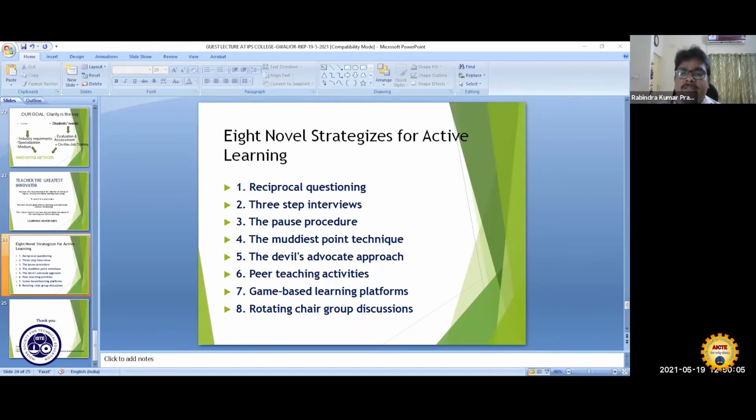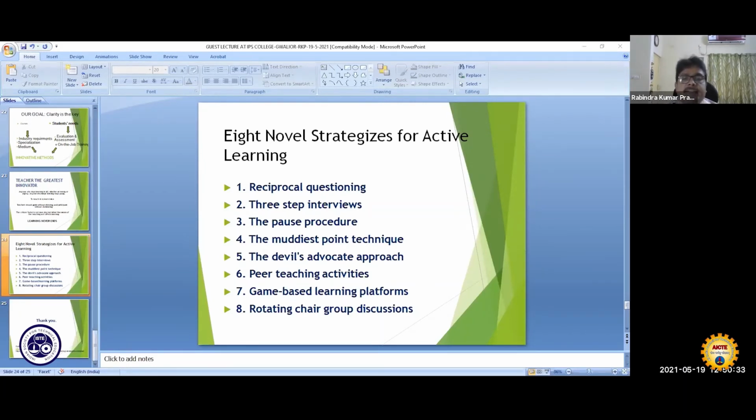To use the three-step interview process, divide students into groups of three and assign three roles: interviewer, interviewee, and note taker. After assigning a theme or a topic of discussion, have the students participate in a 5 to 10 minute interview to discuss what they found to be the key information relating to the topic.